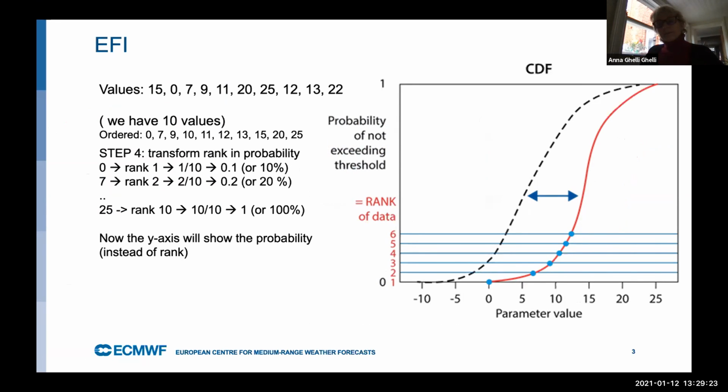If you are looking at the probability of not exceeding a threshold, you will be looking at this value on this side. If you are looking at the probability of exceeding the threshold, then you will be looking at this much wider probability. If you imagine, instead of 0 to 1, you get 0 to 100.